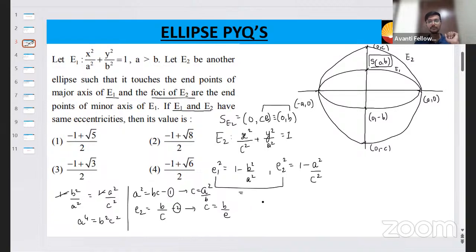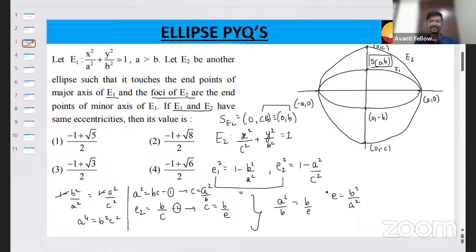So if we equate both, we get a square upon b equals b upon E. E1 and E2 are both the same, so I am using only E. So I guess we'll get E equals b square upon a square. Right? E equals b square upon a square.